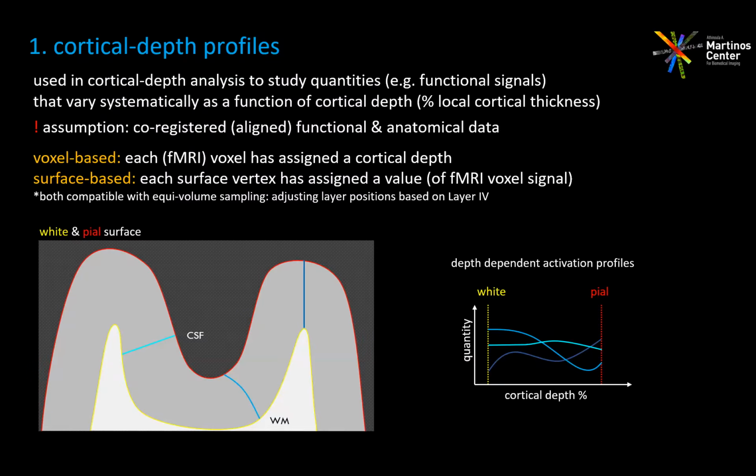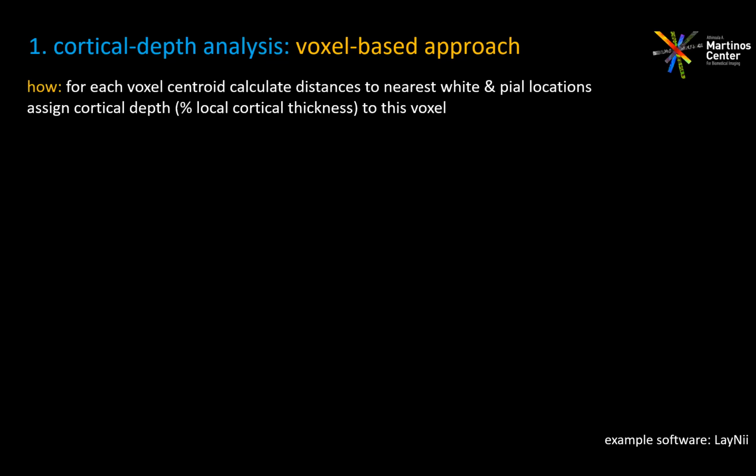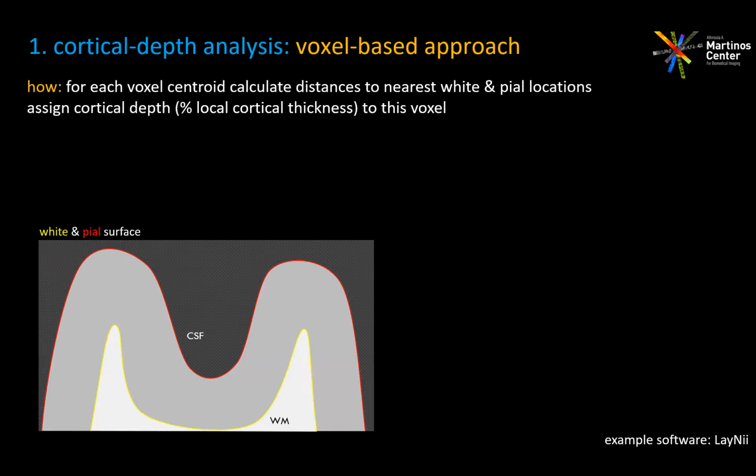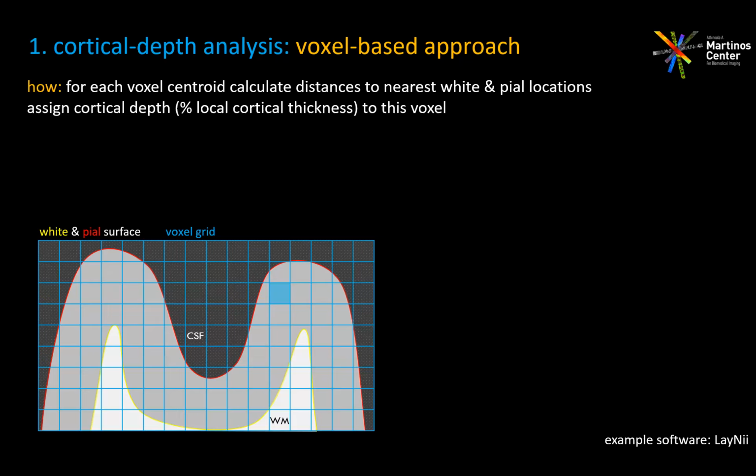Let's start with the voxel-based approach. As I said, each voxel gets assigned a depth. This is again our cortex, and this is our voxel. We calculate the distances to the nearest white and pial locations, and based on that, we calculate this depth. The benefit of this approach is that every voxel is counted once because it gets assigned a unique cortical depth value.